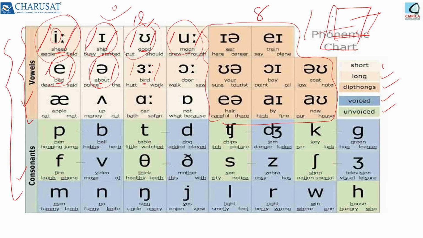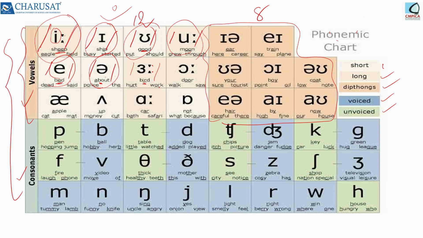Each of these sounds is termed a vowel or a consonant based on whether they are freely flowing, not obstructed. All of these vowels are not obstructed, so they are placed on different parts of the tongue, while consonants occupy the other oral parts.